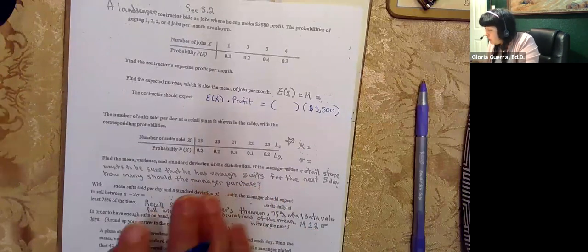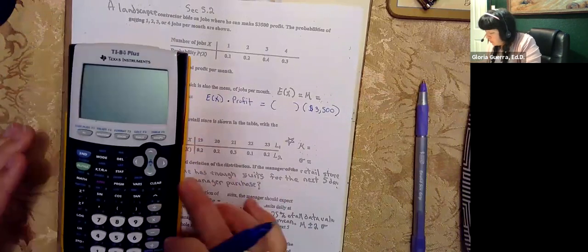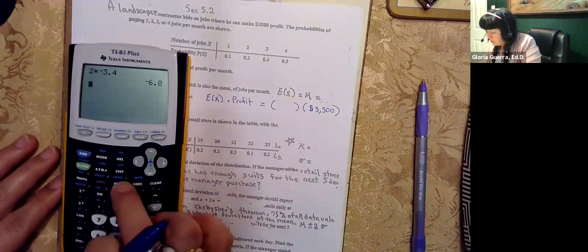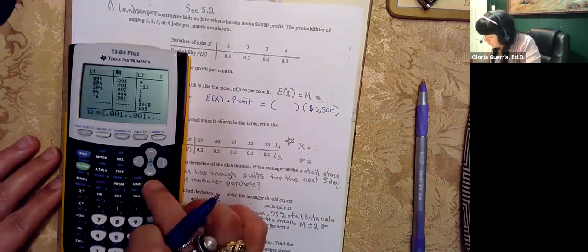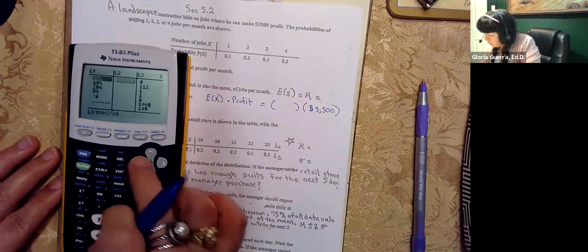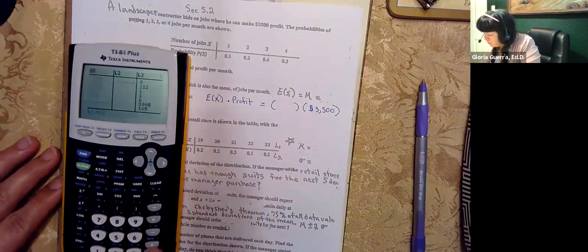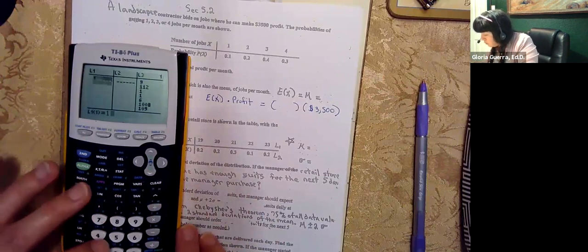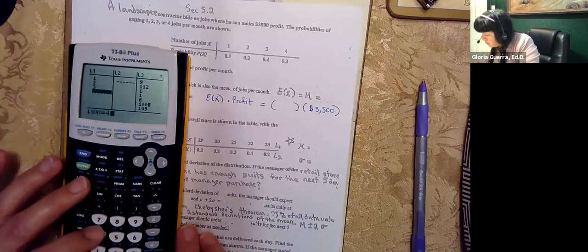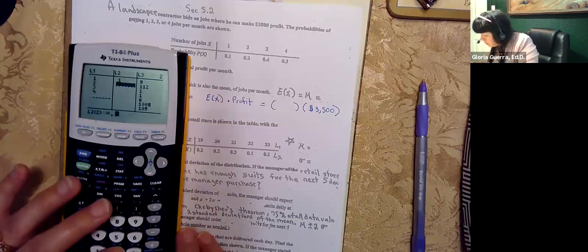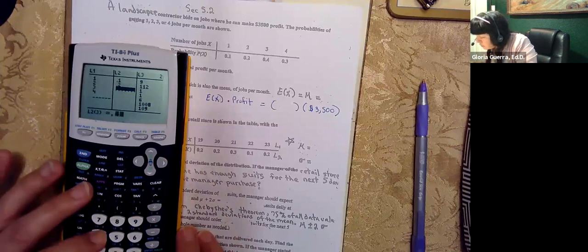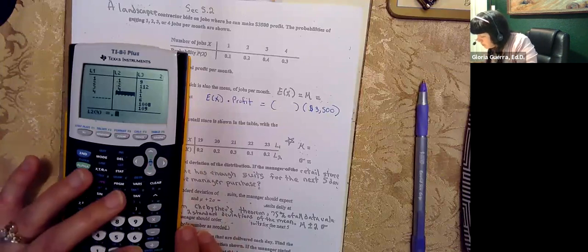Okay, so let's find it. Let's enter our data. Turn the calculator on, go to Stat, Edit, go to the top and clear. Come over here, go to the top and clear. Then put in your data, 1, 2, 3, 4. Put in your probabilities, 1/10, 2/10, 4/10, 3/10.